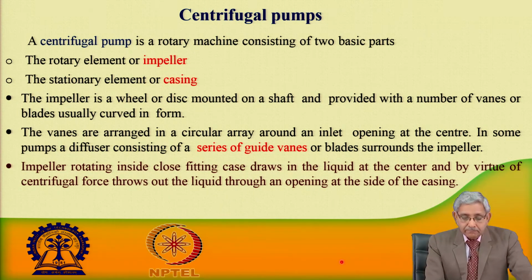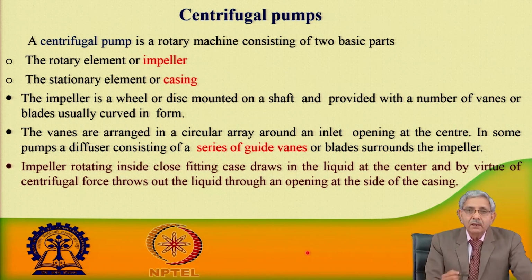The impeller rotating inside a closed fitting case draws in the liquid at the center and by virtue of centrifugal force throws out the liquid through an opening at the side of the casing.